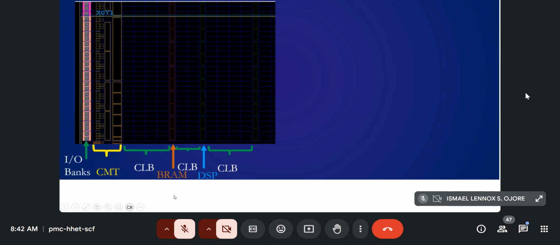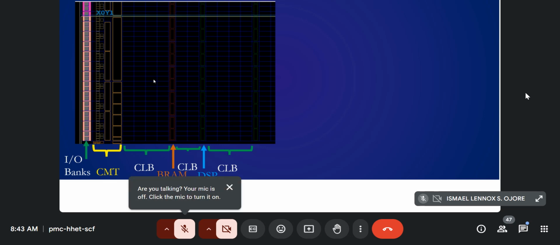But you can see that indeed the CLB has the biggest area within that silicon layout, because that is where your custom circuit will go. The rest are for support. If you need some computational or mathematical processing, then you have DSP blocks that will help you with that.